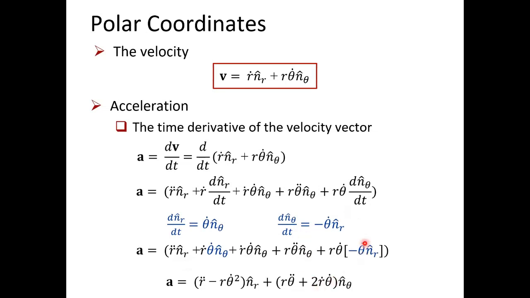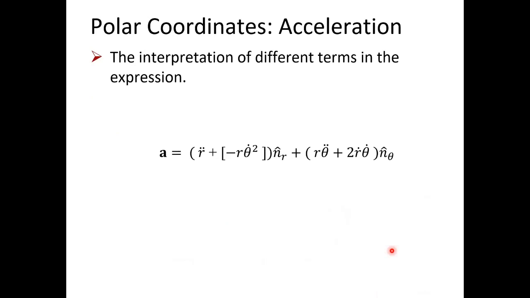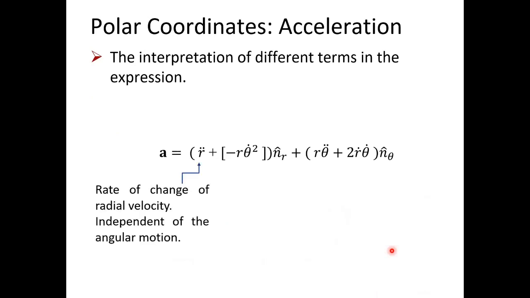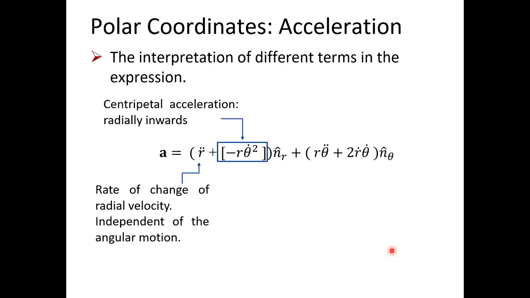Now, this is an interesting relationship. There are 4 terms, 2 directions, and 2 terms in each direction. This is the rate of change of radial velocity, which is independent of the angular motion. And this is the centripetal acceleration, the radially inward acceleration.